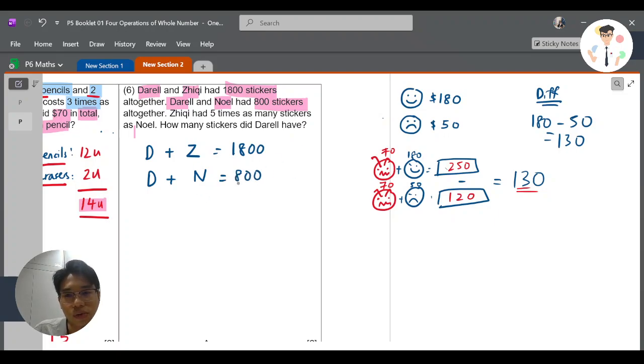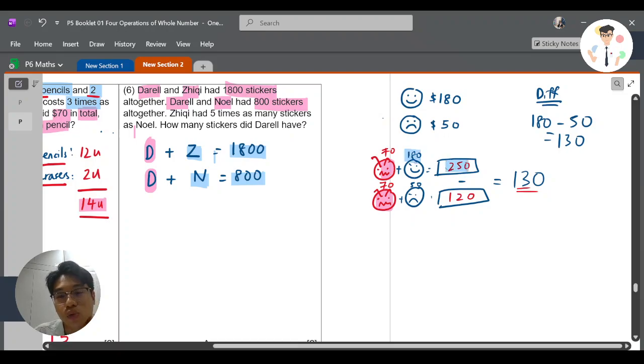What does this tell you? Again, this guy and this guy is the same person, right? This guy and this person is the same person, right? So what I should focus more on is actually Zhiqi and Noel. Now, 1800 minus 800, like 250 minus 120 earlier, actually means what?